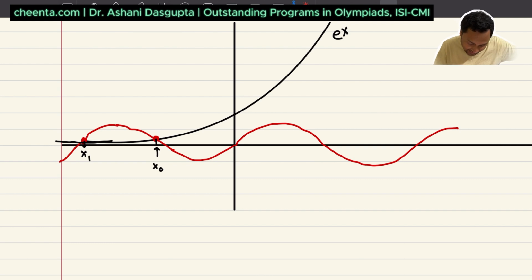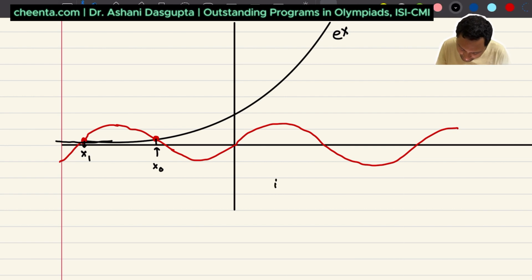And the sine curve keeps on coming back like this. So it will keep on hitting the black curve of e to the power x. And therefore, there are infinitely many solutions of this equation.